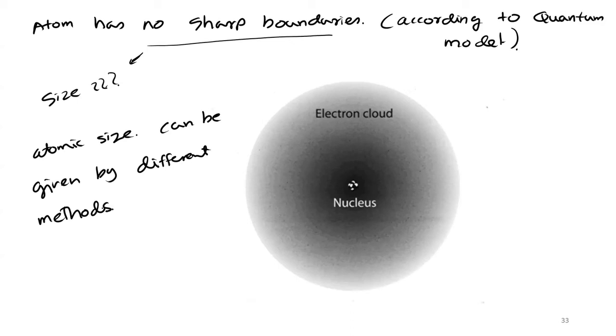So the size of an atom or ion can be given one way by the van der Waals radius.